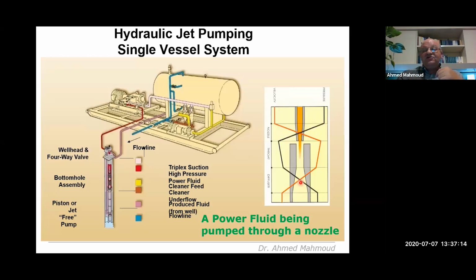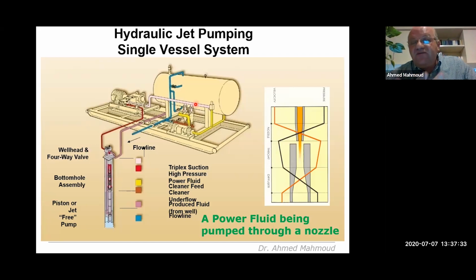So now by injecting a power fluid from the surface, it goes down and it mixes with the reservoir fluid. And in this concept of mixing with the reservoir fluid, it will take the reservoir fluid with it, add it to its own power, and move all the way with it to the surface.